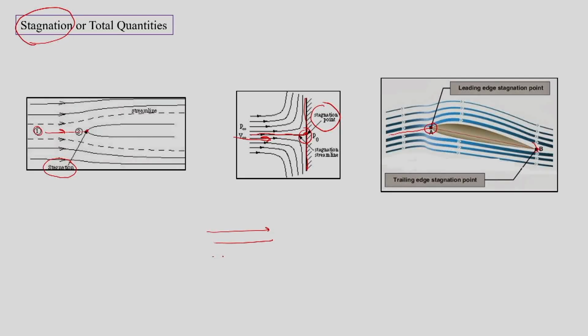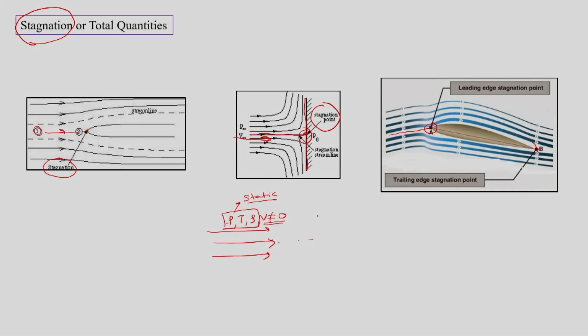So if we have a streamline of the flow where the flow has P pressure, T temperature and rho density, then it has V velocity, which is not 0. If velocity is not 0, then the corresponding quantities are called static quantities. So we have static pressure, static temperature and static density.